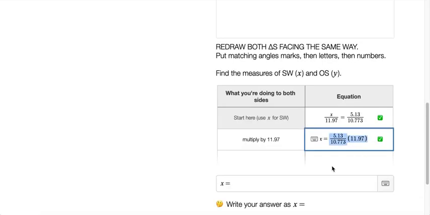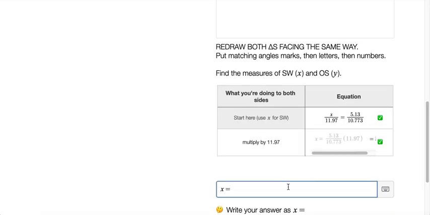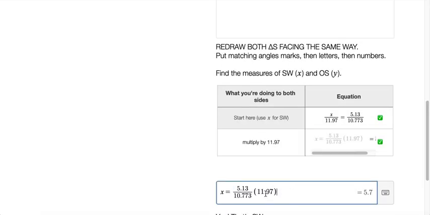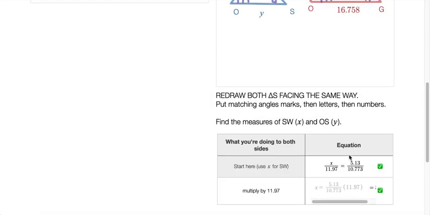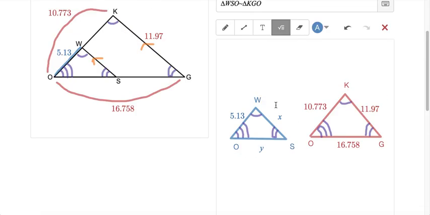Whatever this mess gives you, that's the value of x. Copy it, paste it here, let the calculator do the work. X is 5.7. So x is 5.7. I'm going to put it here, and I'm also going to put it in this original figure.